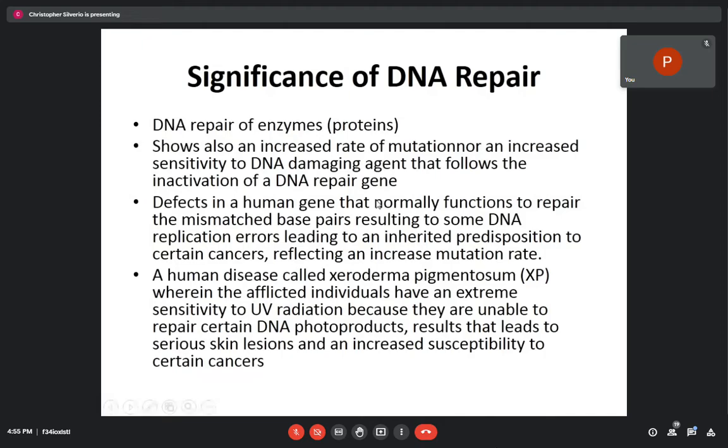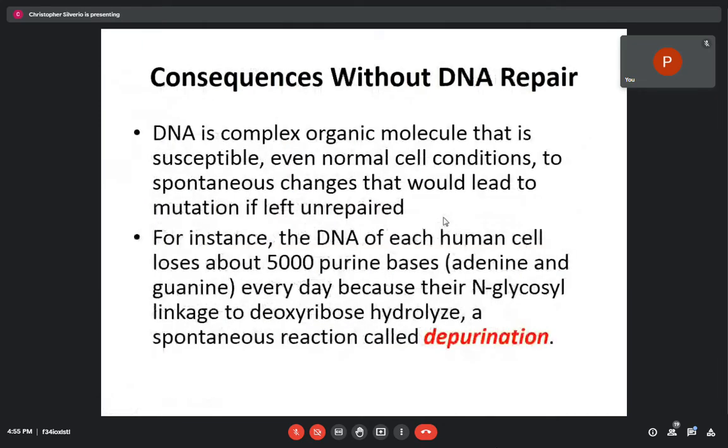What is the consequence? Again, without DNA repair, consequences. We know that DNA is a complex organic molecule that is susceptible, even under normal cell conditions, to spontaneous changes that will lead to mutation if left unrepaired.